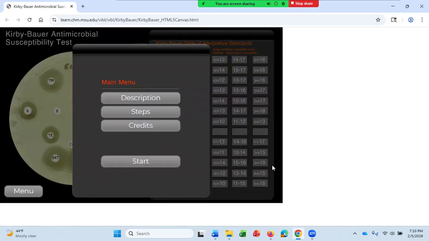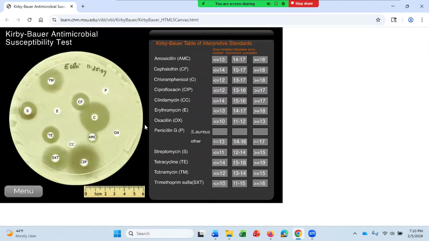I'm running Zoom here. And then we have the Kirby-Bauer diffusion method. You probably want to read the description. I'm just going to do the start here. When you hit start, it'll show you the first plate, which is after overnight incubation. We have bacteria growing on a lawn, although there's no lawn there.